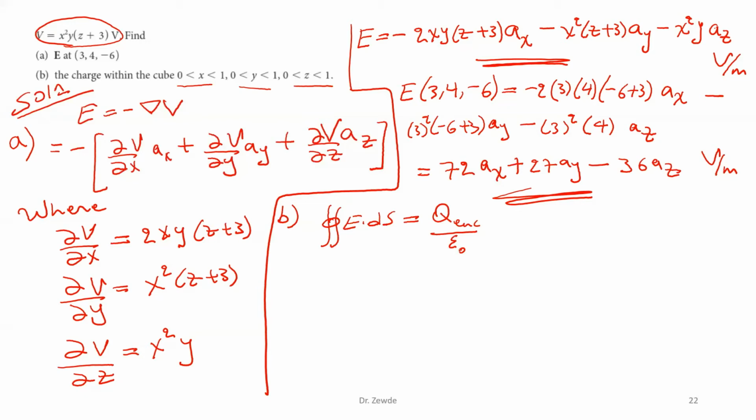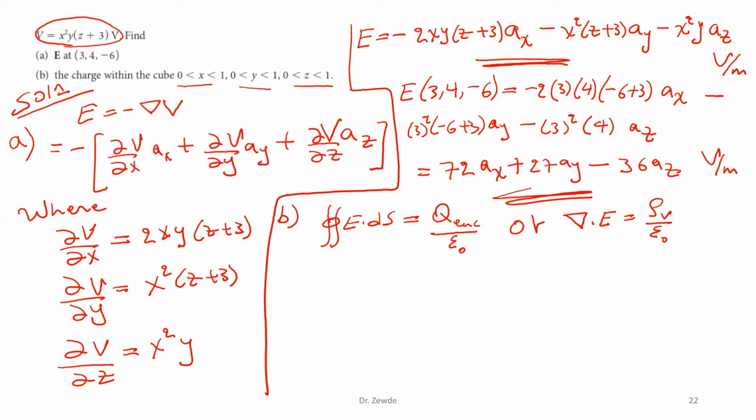That's one way. The other way is to take the divergence of E, which is equal to rho V divided by epsilon naught. Once we determine the charge density, we can integrate it over the entire volume to determine the charge. So there are two ways, and you can use both to determine the charge.